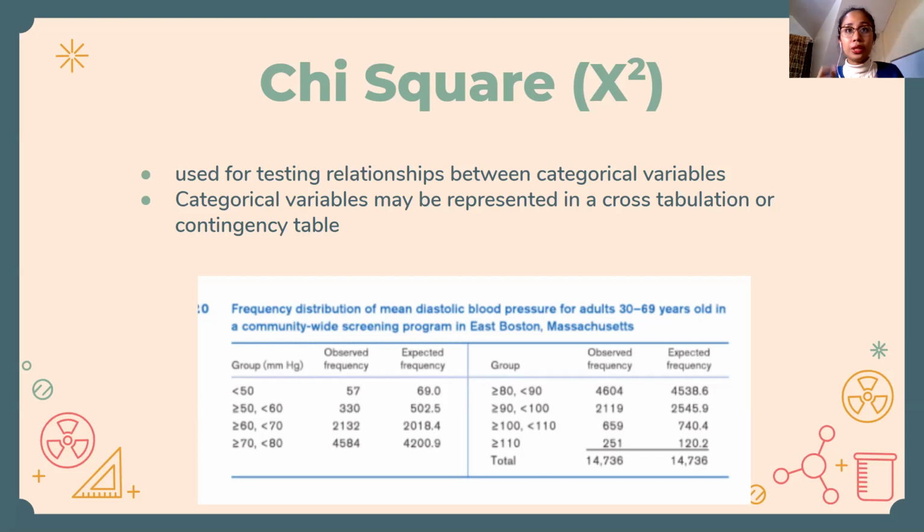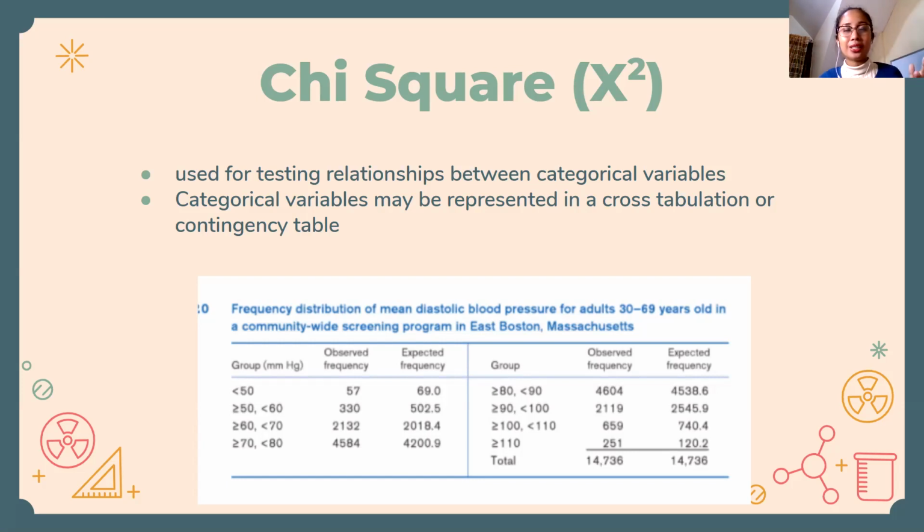When you want to compare the relationships of the different categories, the different races, it's best to use chi-square. So it's a fancy x squared. Actually, mas fancy pa yung x na yan. It is used for testing relationships between your categorical variables.